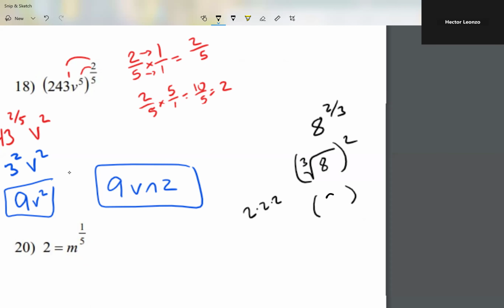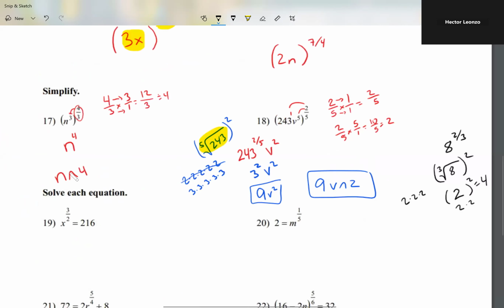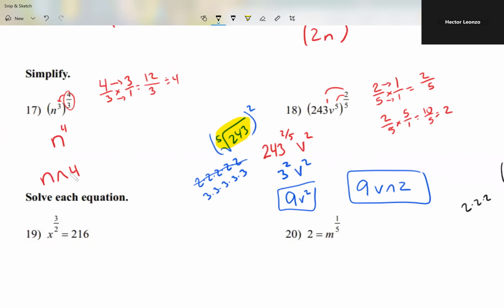So this whole thing, the cube root of 8 is 2. I have 2 to the second power, which we call 4. Right? Because I had to multiply 2 twice. Interesting. Now you guys can practice a little bit more in your homework. Really, really cool thing. Make sure you guys understand it.